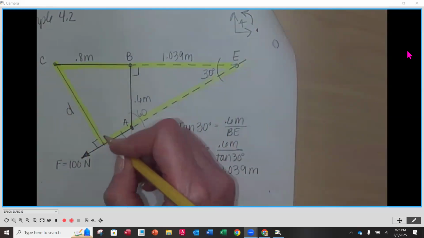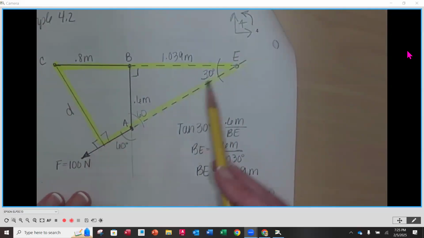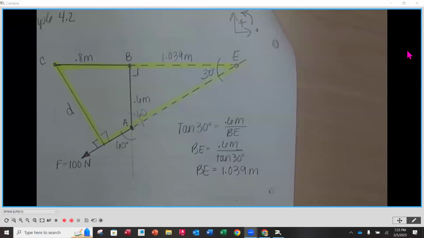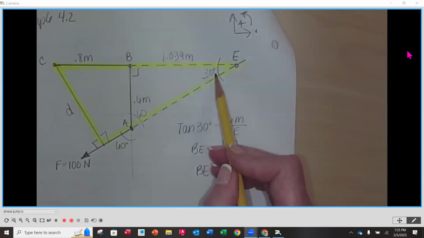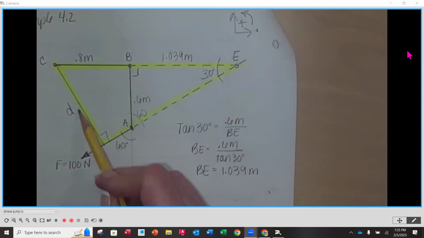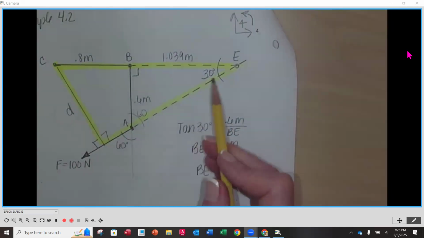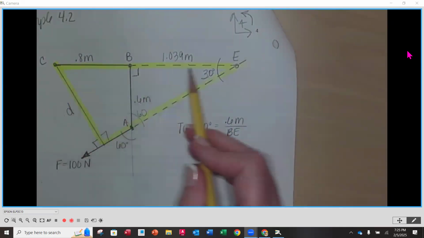Now, do you see how that is the hypotenuse of the really big triangle? You see that? So this is a 90-degree angle right here. This is 30. I have my hypotenuse, and I want to find D. What function am I going to use here? 30 degrees, D, hypotenuse. Side opposite, hypotenuse.